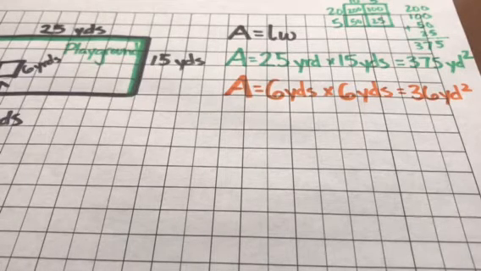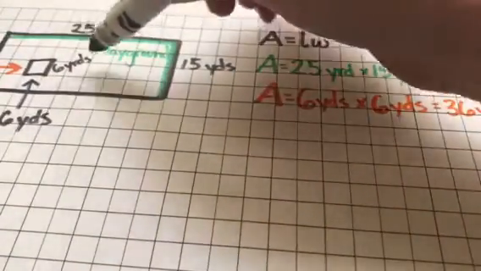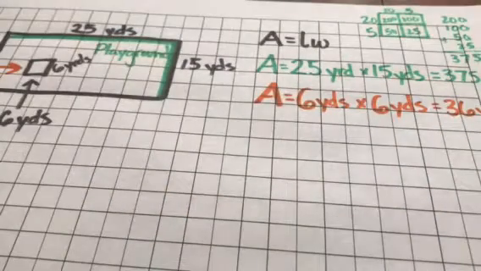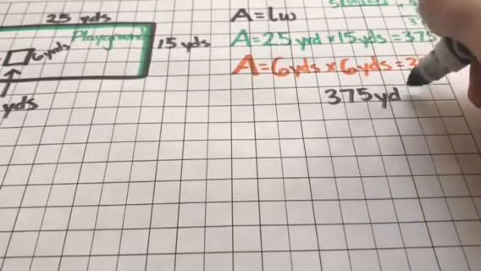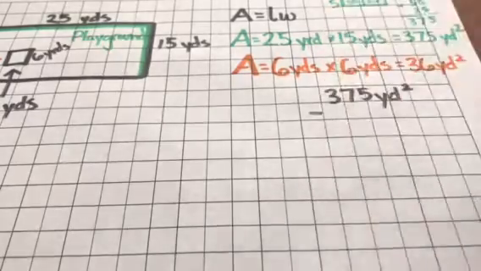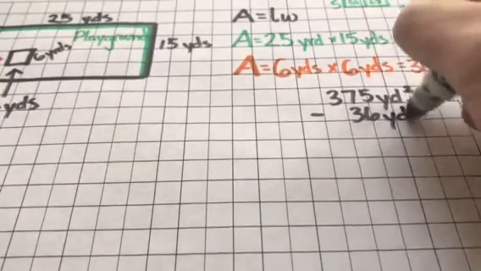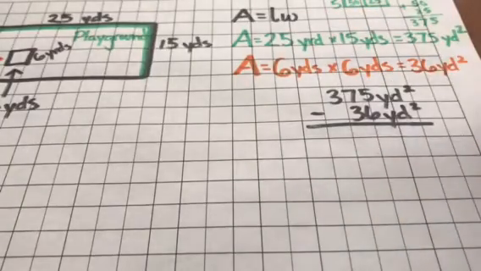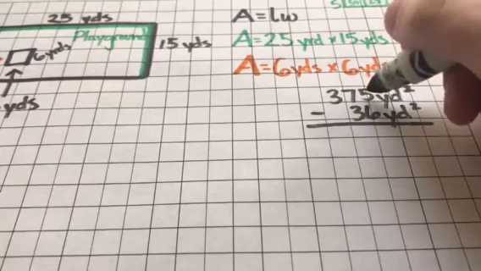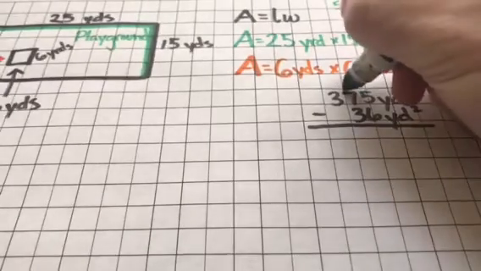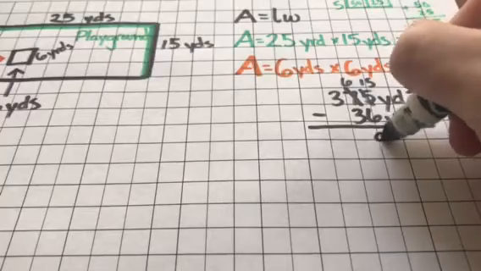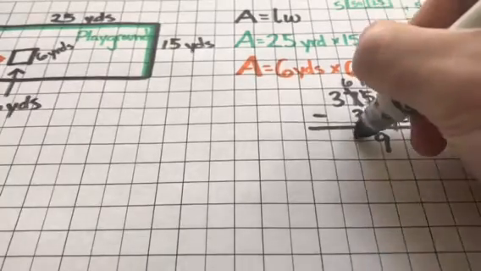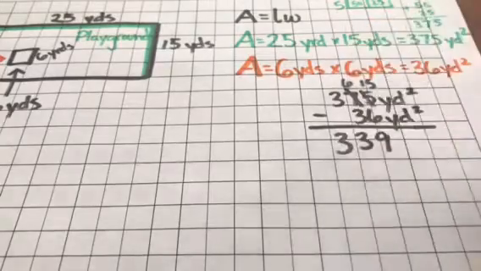Well, I could subtract, right? I could subtract this little section from the big section to figure out everything except for this little bit. So I'm going to take 375 square yards and subtract 36 square yards. Can I subtract 5 minus 6? Not yet, anyway. 15 minus 6 is 9. 6 minus 3 is 3. 3 minus nothing is 3.